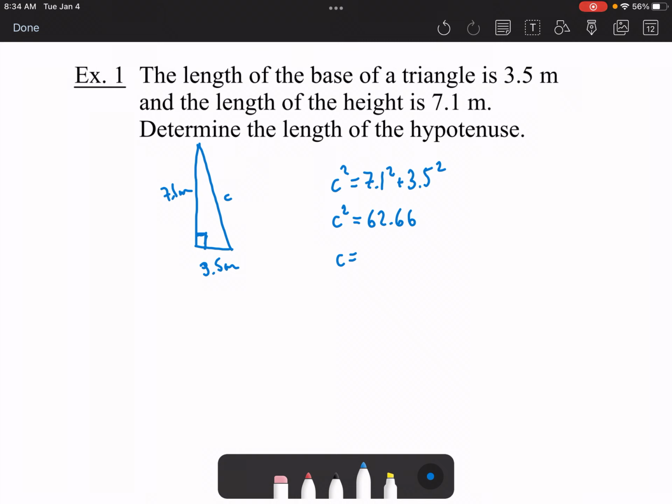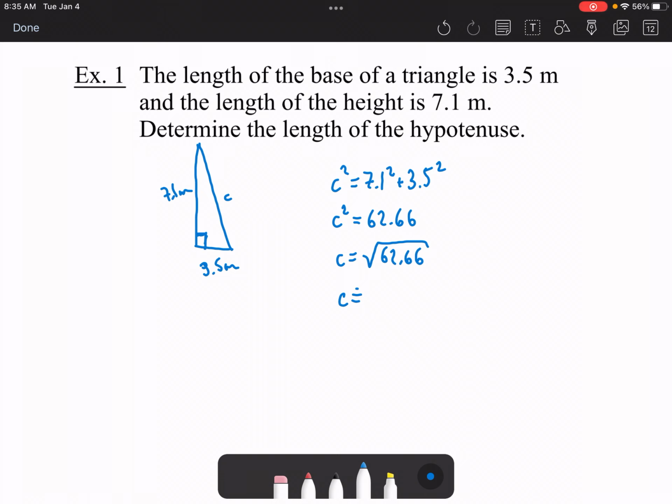So in order to calculate c, we need to work out the square root of 62.66. In other words, what value times itself would equal 62.66. Now you'll find that this isn't an exact value.